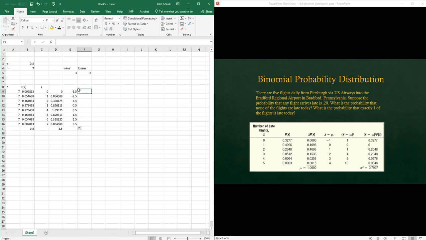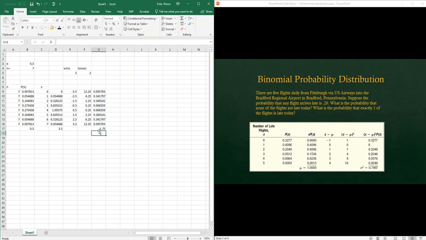and then you square it. After you square it, you multiply it by the probability again, and then you sum all of these results or products, if you will.